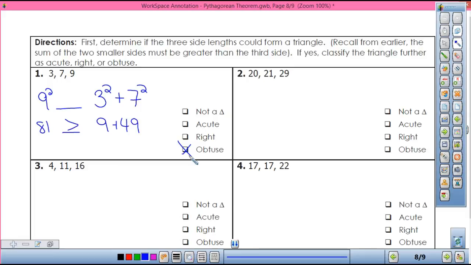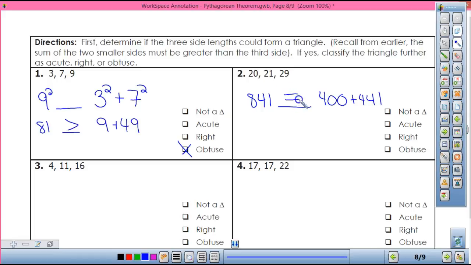Okay? Which one's my C? 29. So 29 squared is 841. Leave a blank. 20 squared is 400 plus 21 squared is 441. Okay, so what symbol goes in between?